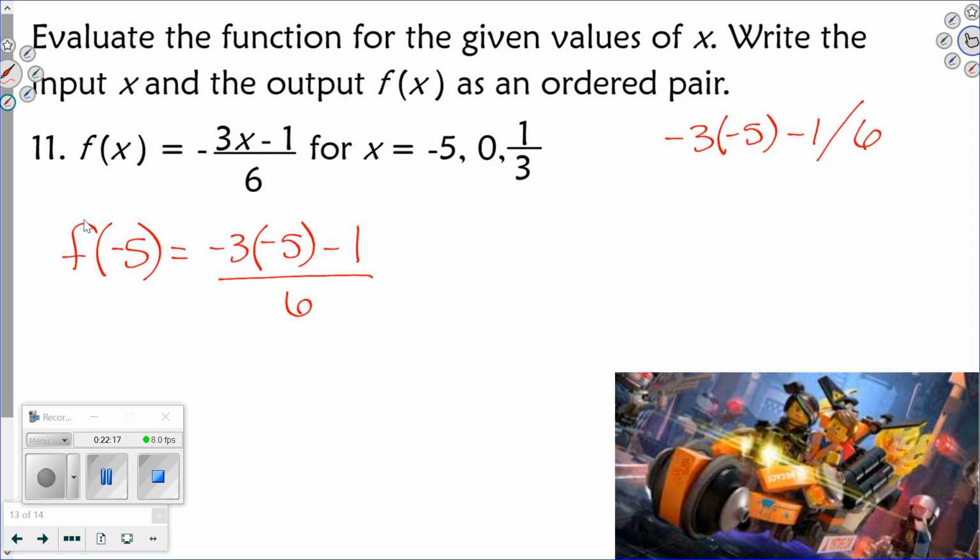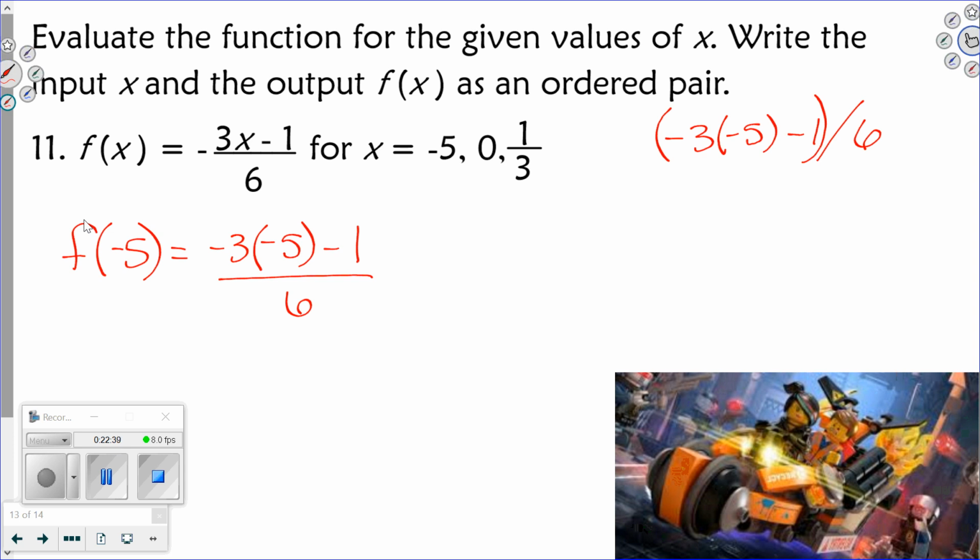It doesn't understand that you want that whole thing, especially those of you with regular scientific calculators. You'd have to put that in parentheses so your calculator knows to find this entire answer and then divide it by 6. Different steps is totally fine.